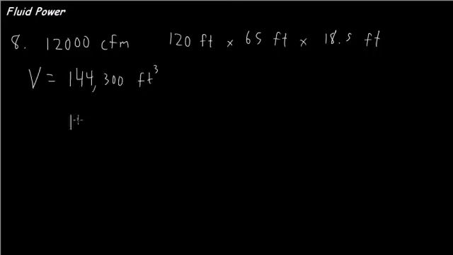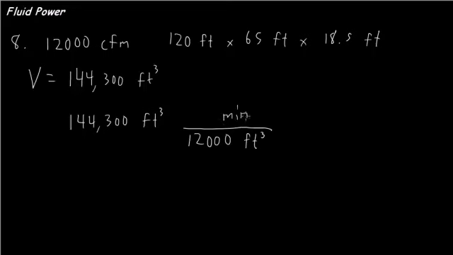So I have 144,300 cubic feet, and then I have 12,000 cubic feet per minute. This will tell me how many minutes it takes to replace all of this air. And I end up with about 12 minutes. So after 12 minutes of this airflow, all the air in the room gets changed.